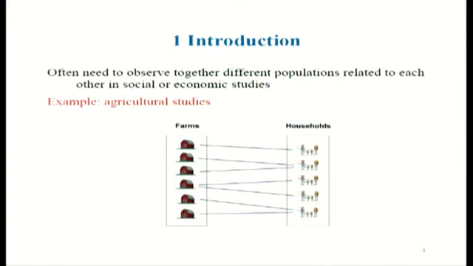In the household, we need to observe the level of nourishment of the household or level of education. The two phenomena are related, but the populations to be sampled are different. This is a very general framework. We can observe herds, and the second population can be that of farms. That is a very general scheme.